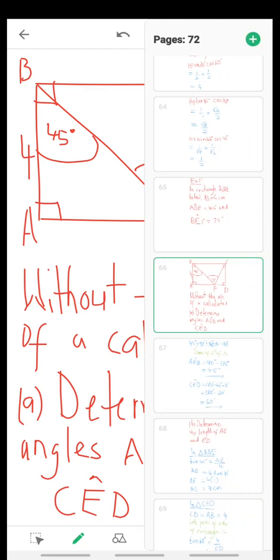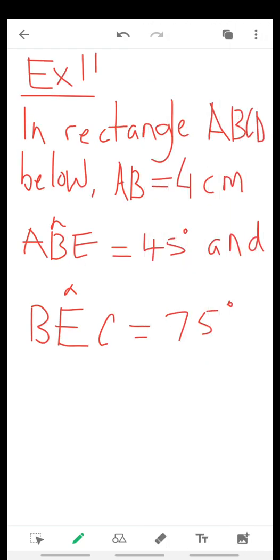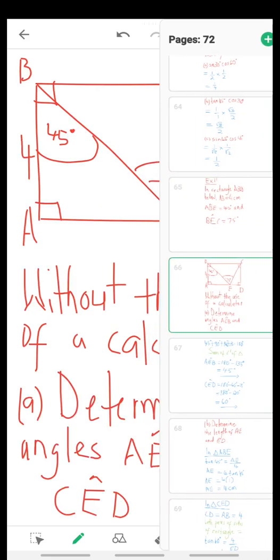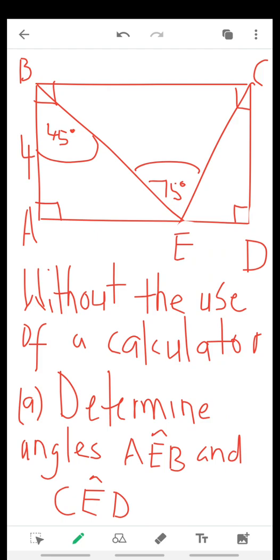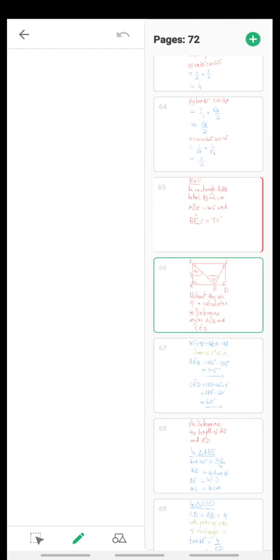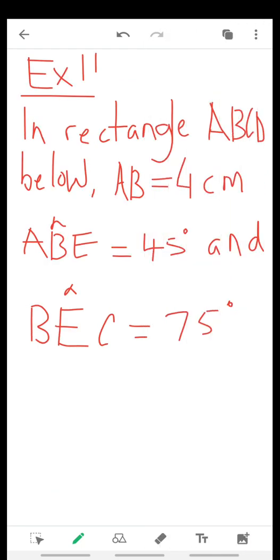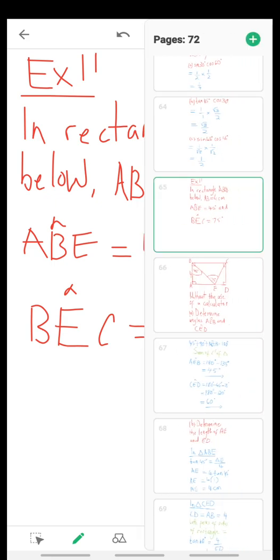Okay, so angle ABE. Let us look at angle ABE from the diagram. There, angle ABE is 45 degrees. But if the whole angle B is 90 degrees, then it means we can also find the other angle, which is 45. Okay. Now, angle BEC is 75 degrees.